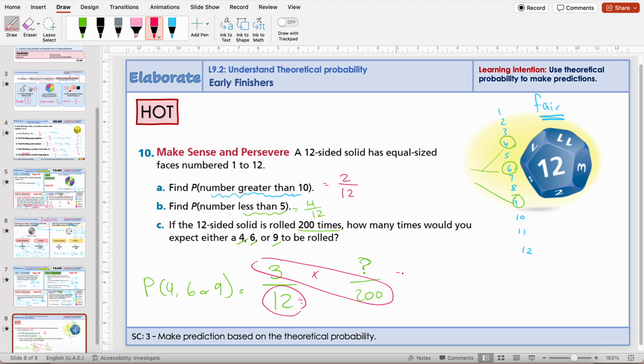Okay. 3 divided by 200 is basically 3 times 200 divided by 12. 3 times 200 is 600 divided by 12, which is 50. 60 divided by 12 is 5, and 0, 50, yes. So 50 times you're going to get number 4 or 6 or 9. Okay? That's it for today. Good luck.